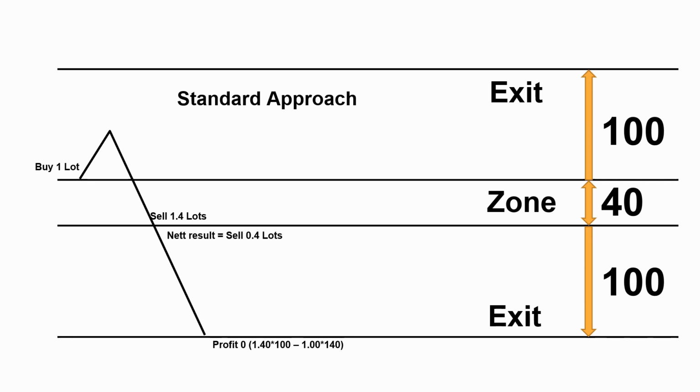So profit of zero. This is called a no loss approach by many people because you don't close any trades until you reach that final exit point, and therefore you've never closed a trade in loss, or you've never closed an entire position in loss, because each losing trade will obviously show up as a losing trade.